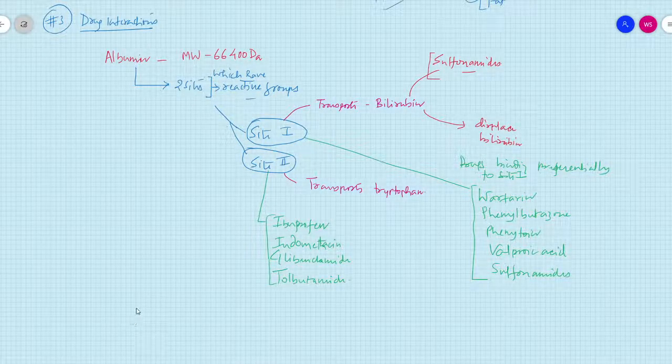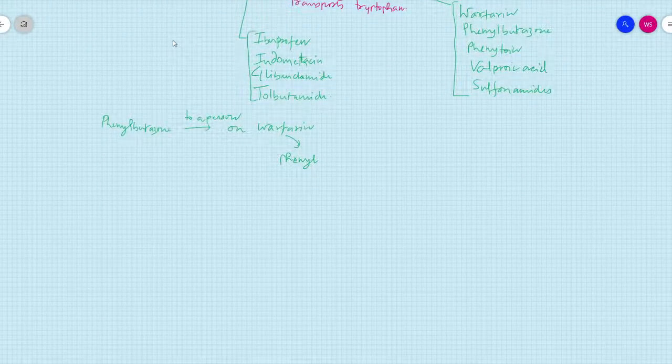For example, if we give phenylbutazone to a person on warfarin, phenylbutazone will displace warfarin.